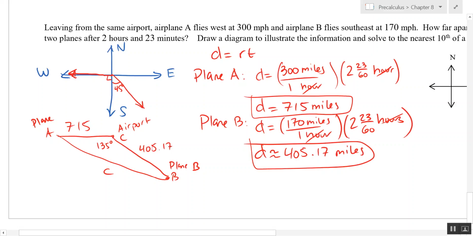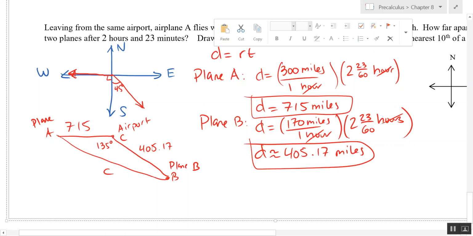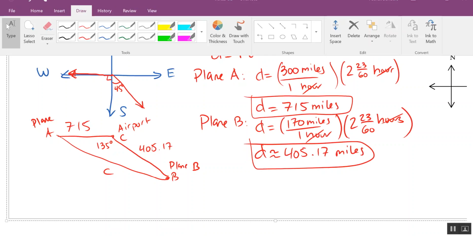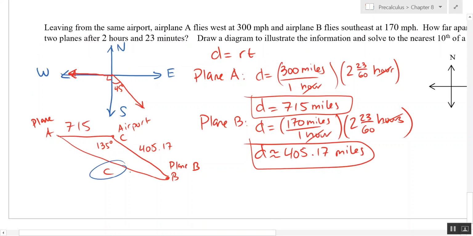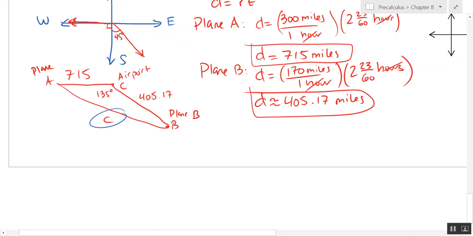Our goal is to figure out essentially how far apart they are, which is side C. So we need to find side C, and to do that, we know we have a side-angle-side situation, and we can use the law of cosines. So I'm just going to say C squared equals A squared plus B squared minus 2AB times the cosine of angle C.